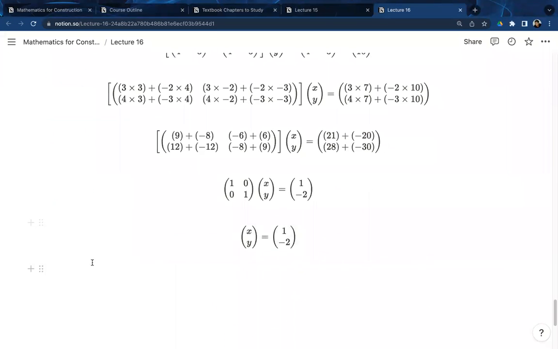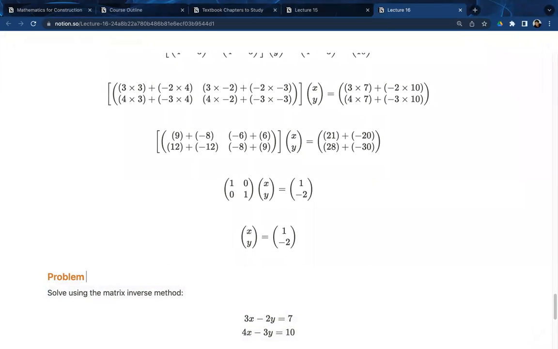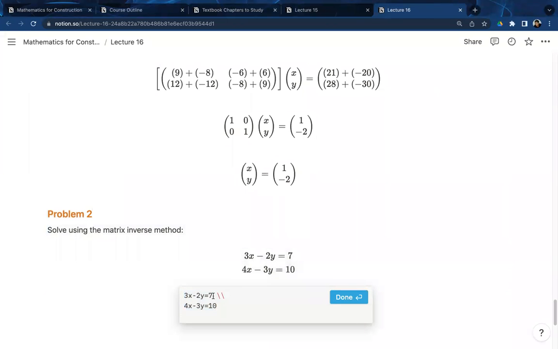I could give you a new problem here, problem 2. And I could write the equation deliberately in an inconvenient way. So I could say 3y plus 5x equals something, right?